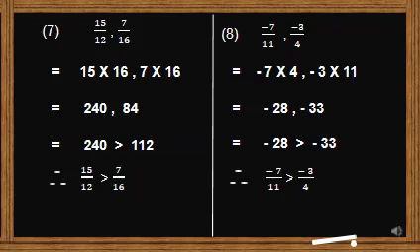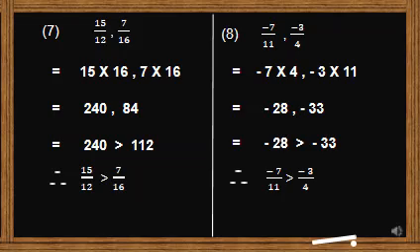Our third way is to cross multiply. We will cross multiply 15 into 16 and 7 into 12. When we multiply 15 into 16, we get our answer as 240.